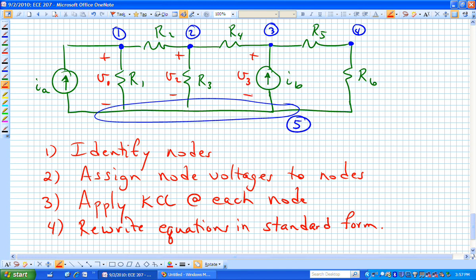The voltage dropped across that current source. And V1 is also the voltage dropped across I sub A, isn't it? Because I sub A is in parallel with R sub 1. And we finally could think about this particular voltage drop.